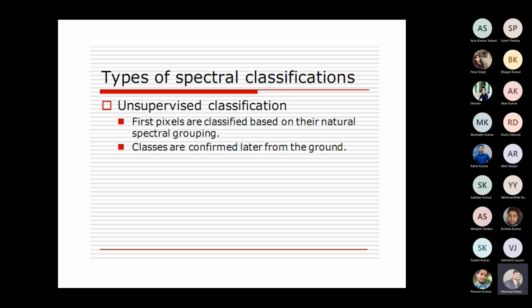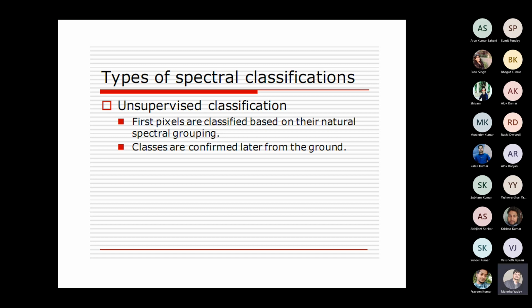Now, the second type of classifier we have is unsupervised. In unsupervised classification, we do not perform the training first. What we do is a clustering, performed by natural grouping of pixels. Like in one of the problems given in the quiz, a bimodal distribution of a histogram is given.